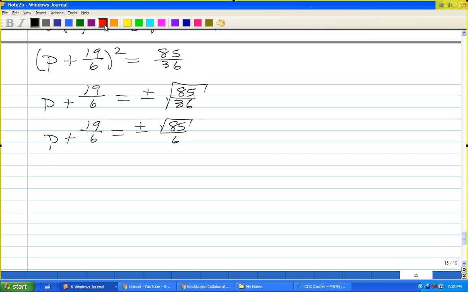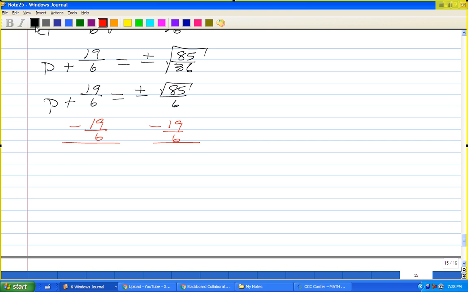Subtract 19 over 6 from both sides of my equation. And so you get that P is equal to negative 19 over 6 plus or minus the square root of 85.